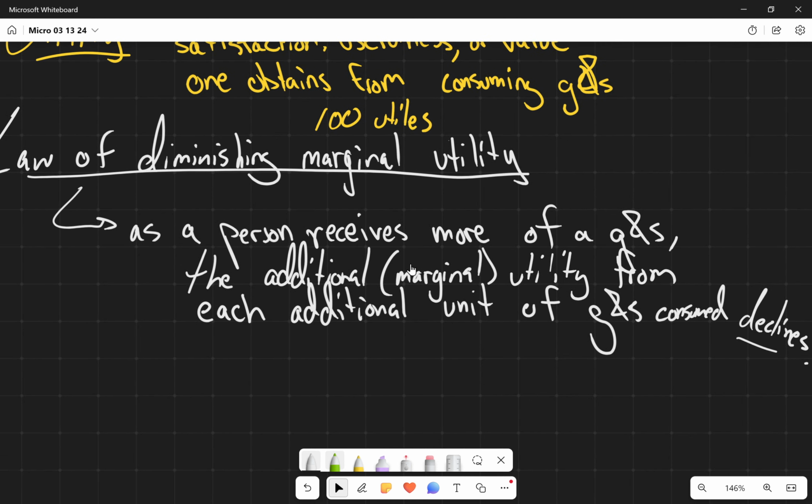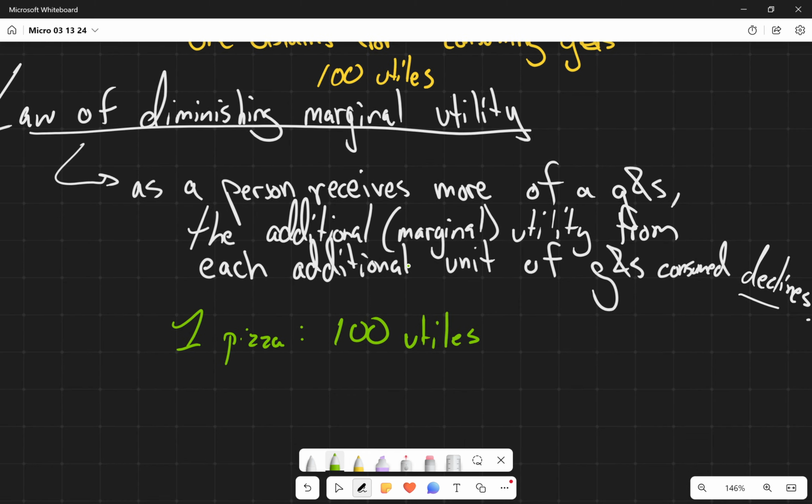So, for instance, when you go to the cafeteria and you're starving and you get that first slice of pizza, might be 100 utils. That second slice of pizza, maybe it tastes even better.